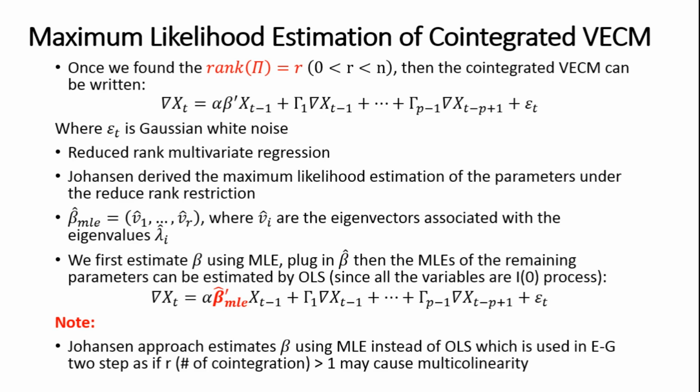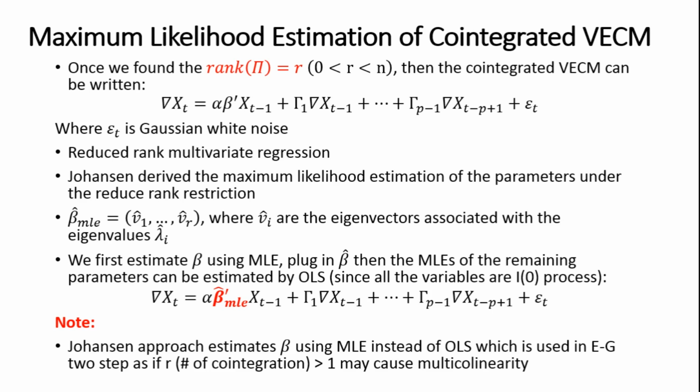So we first estimate beta 0 using MLE, and given beta 0, the MLE of the remaining parameters can be estimated by ordinary least squares, since the variables are cointegrated and stationary.